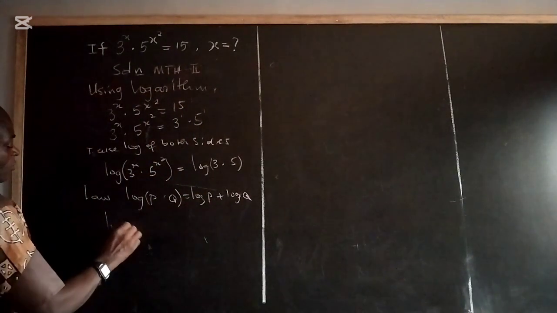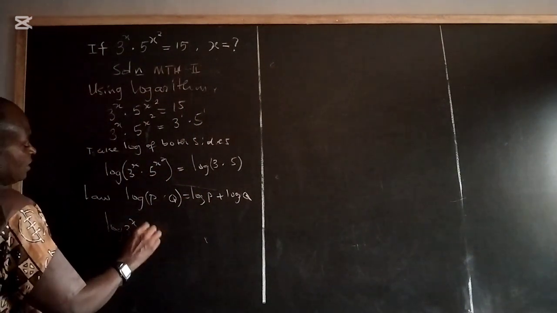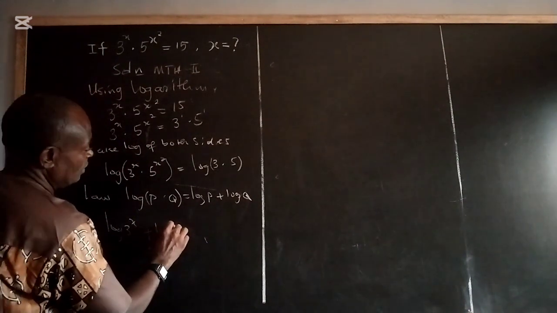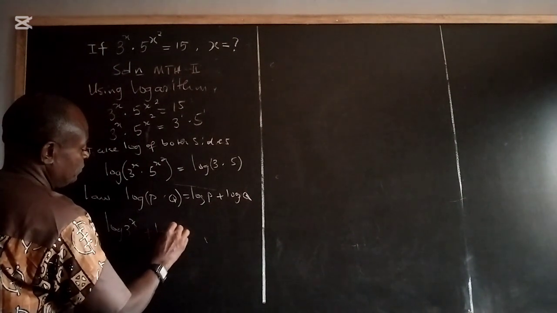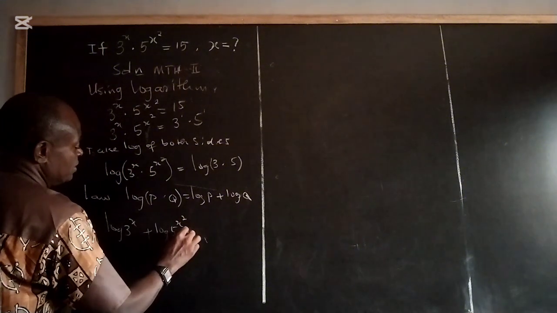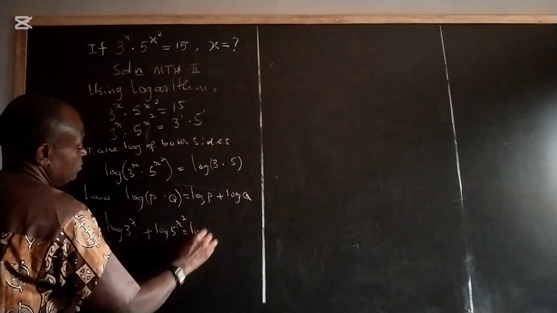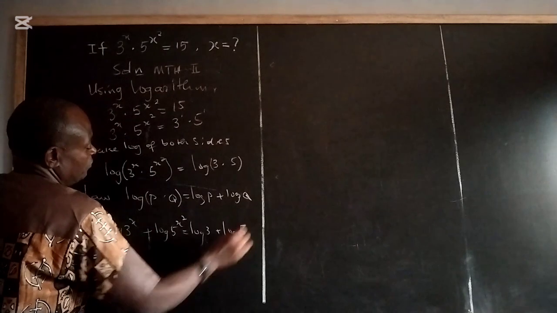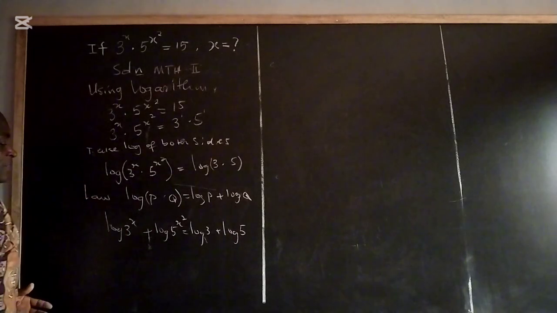So we have log of 3 raised to power x plus log of 5 raised to power x squared equals log of 3 plus log of 5, right?